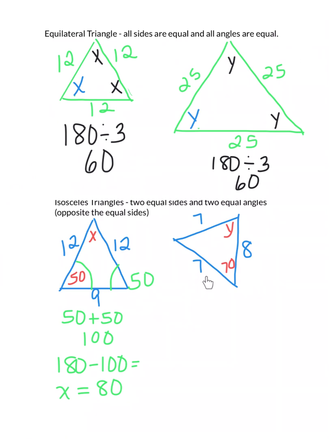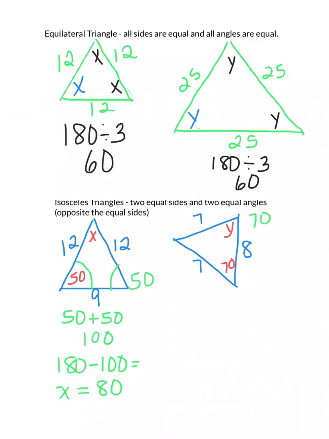Again, we have an isosceles triangle, not equilateral. This side is 7 and this side is 7, which means that their opposite angles are going to be equal. So if opposite of 7 is this angle, which is 70, then opposite of this other side, that's also 7, will also be 70. So the answer here is going to be 70.